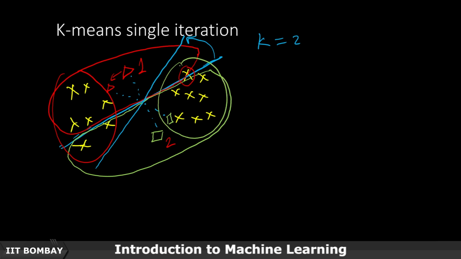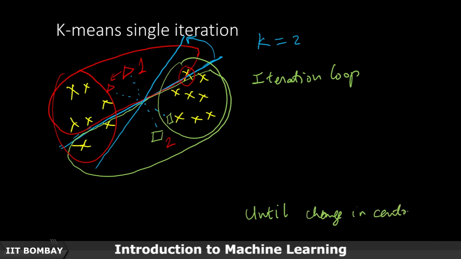If we want to write this more formally, we will have an iteration loop, and its terminating condition would be when the change in centroid locations is less than some tolerance epsilon.